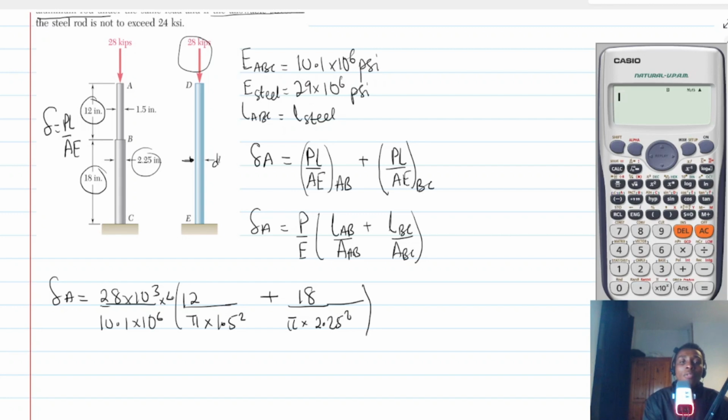So multiply by 4. Okay. So here will be 12 and here will be 18. And pi will also come out, so times 4 over pi, then we have this. So 12 over 1.5 squared plus 18 divided by 2.25 squared. So this is what we have.